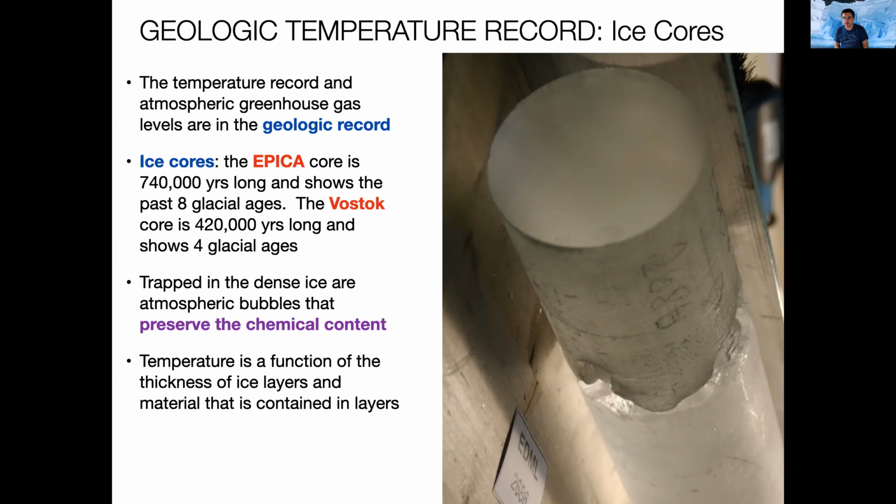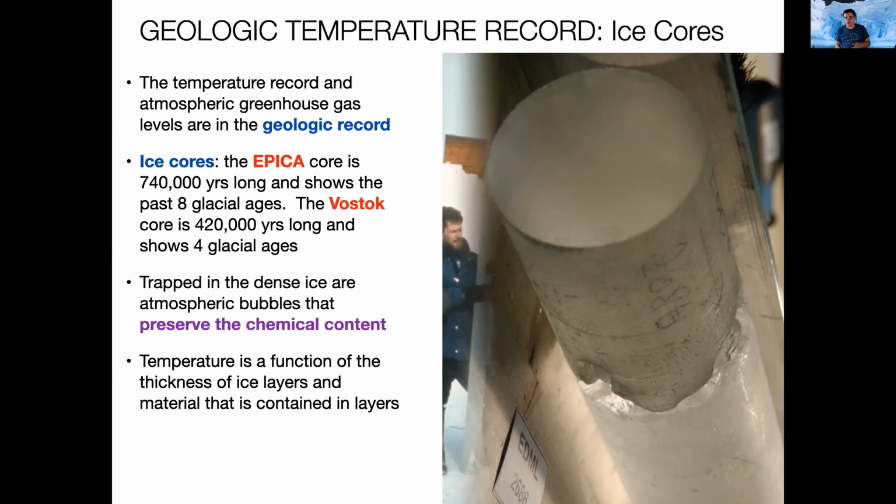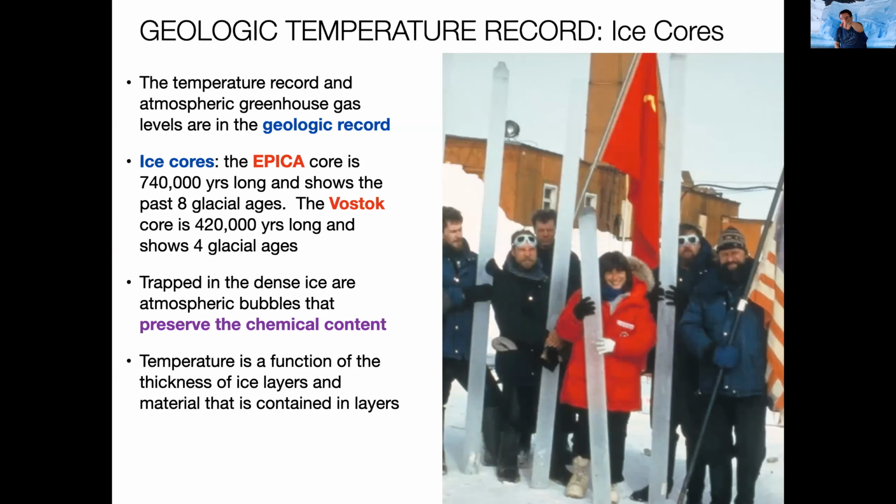Okay, now the thing about the ice cores, and so here you can see how big they are. This is the Vostok team with their cores when they pulled them out. The ice is very compactified and very dense. And just like when you make ice cubes in your freezer, if you pull one out and you look at it, you'll see there are little tiny air bubbles trapped in the ice.